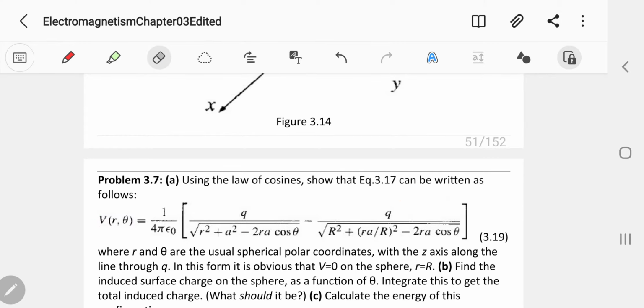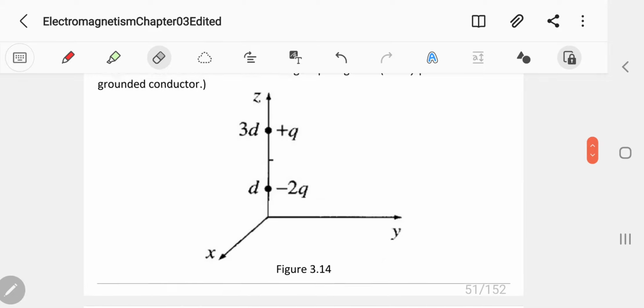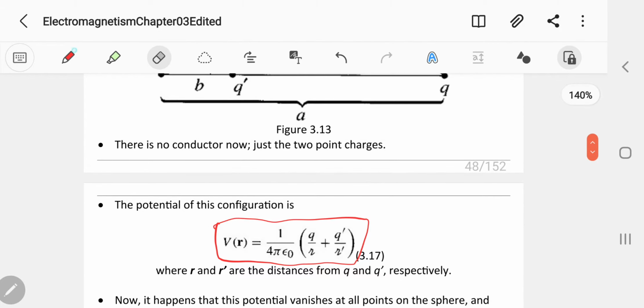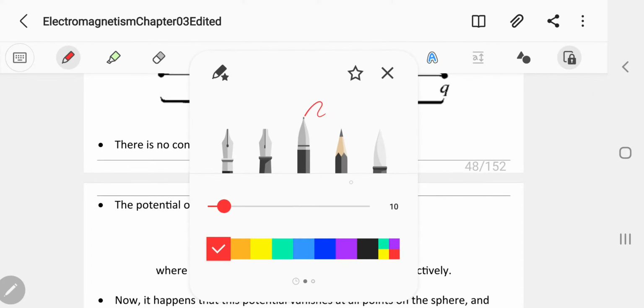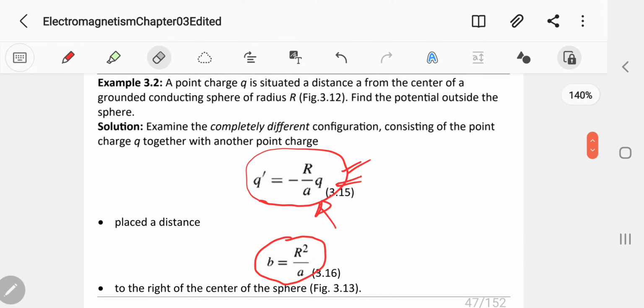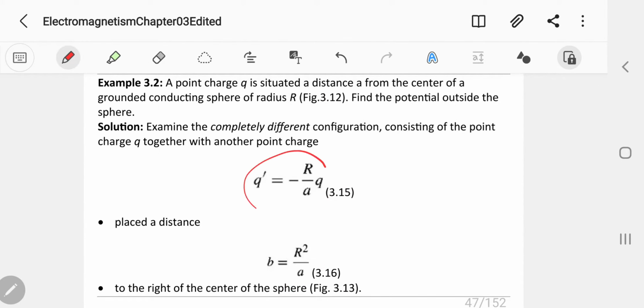And you can also get the induced charge there, and of course the induced charge would have to be this one.